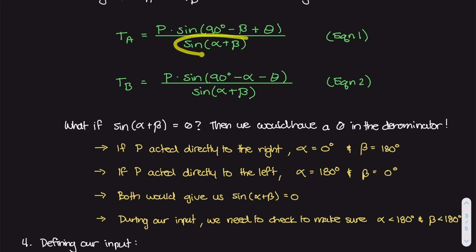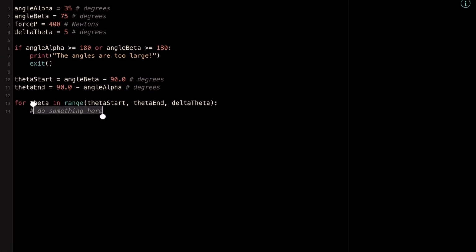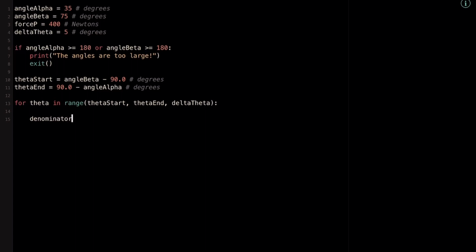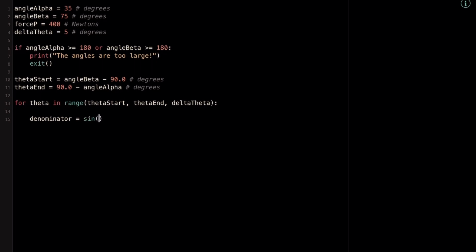The reason I'm going to do that is because in both of these equations, the denominator is exactly the same, so we can use that in our code a little later on. So let's do that first. I'll say denominator. I hope I spelled that right. That's going to be equal to sine of angle alpha plus angle beta.